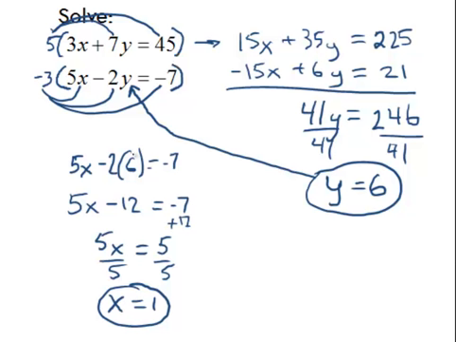So, if you were curious, I could also have multiplied the y's instead of the x's and created opposite y's. To do that, I would multiply the bottom equation by a 7, and I multiply the top equation by a 2. 2 times 7 is 14. 7 times negative 2 would give me my negative 14, so I don't need to put a negative sign out front here.